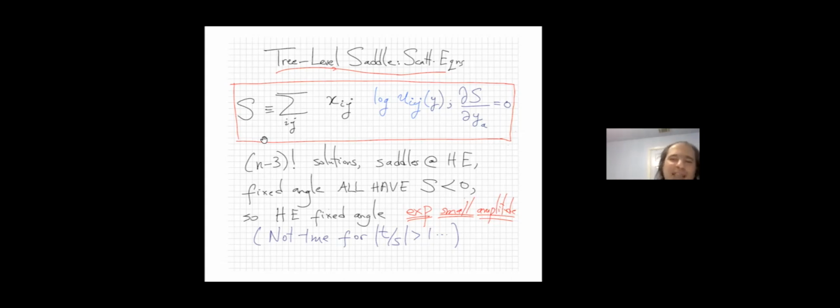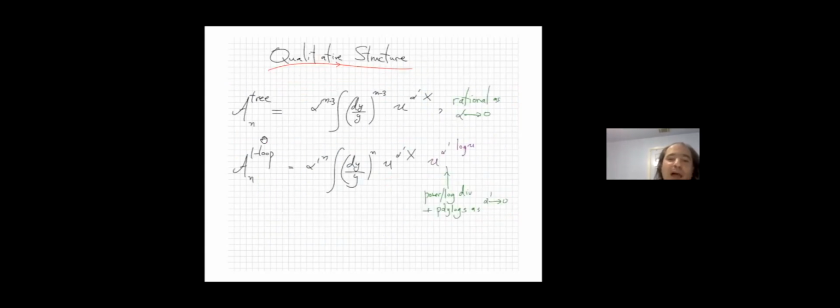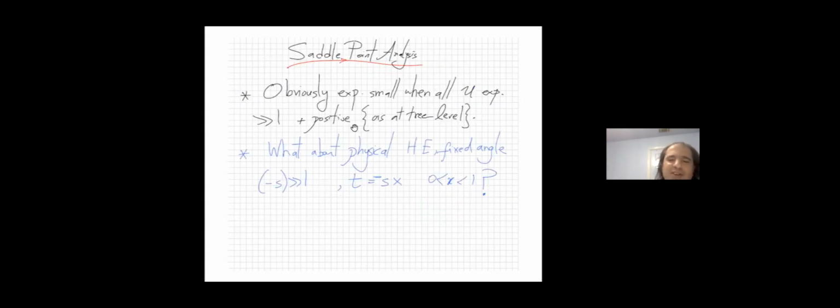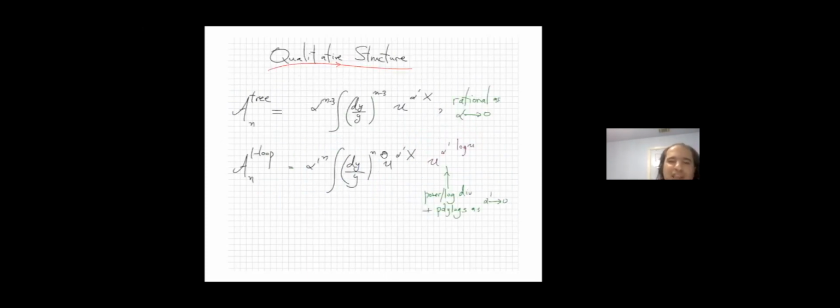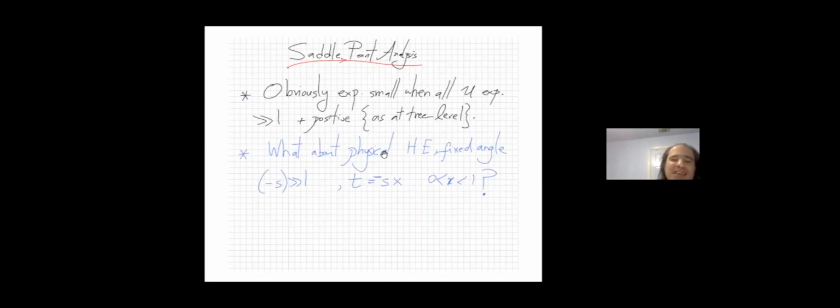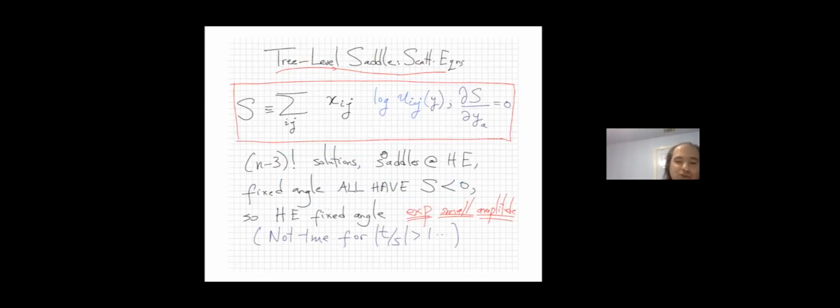Okay, so we would like to do the saddle point analysis for this integral. At first it looks a little bit more scary because of these exponentials here and so on, but I won't go through the details, even for the general loop integral. It turns out that the saddle point analysis is essentially just as easy as it is at tree level.